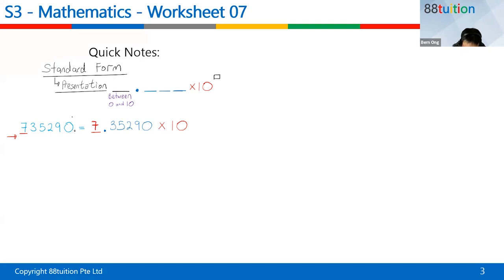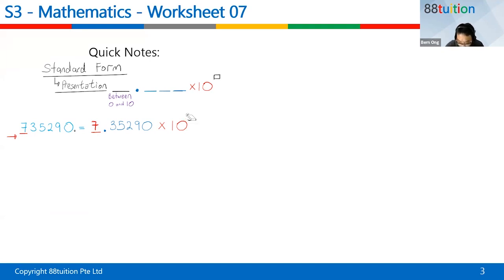So if you move 5 times, down here you just put 5. Then the next thing is you have to decide whether it is a plus or a minus. This can be a minus 5 or a plus 5. If it's a plus 5, you don't have to write it.